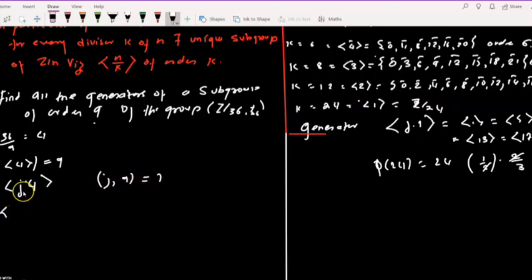So what are the generators I get? First of all, 1, that is 4, generates the same subgroup. 2 and 9 are also relatively prime, so this is 8.